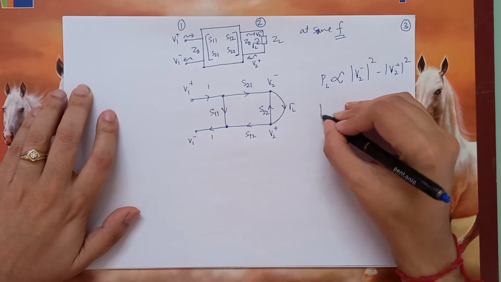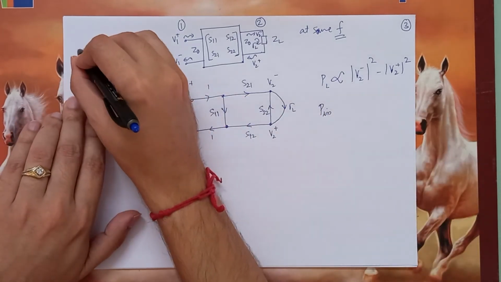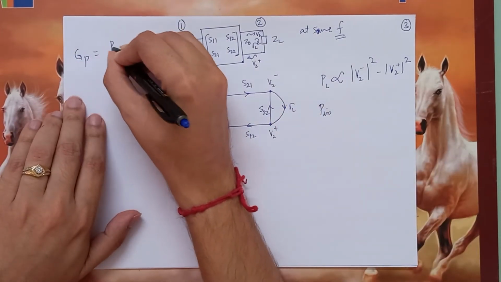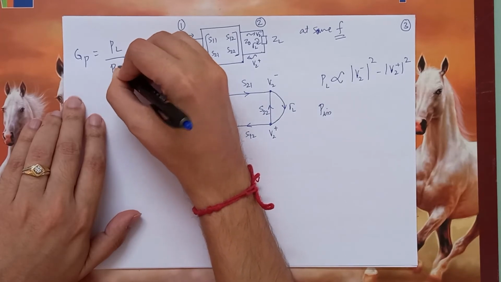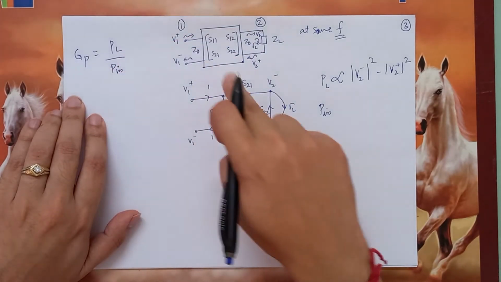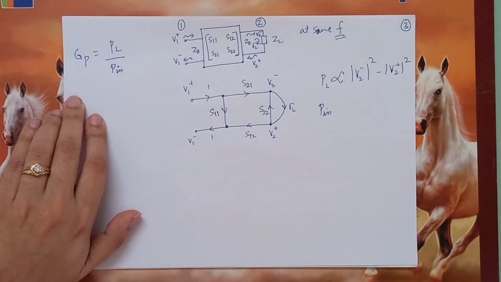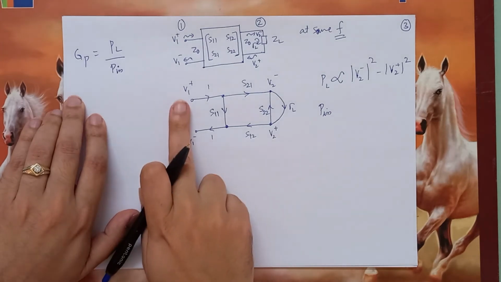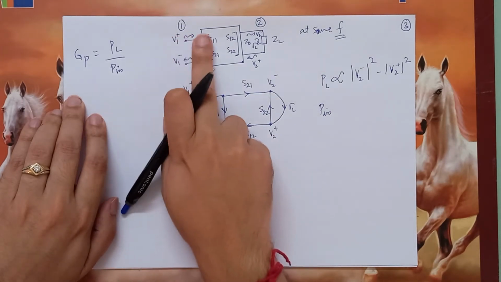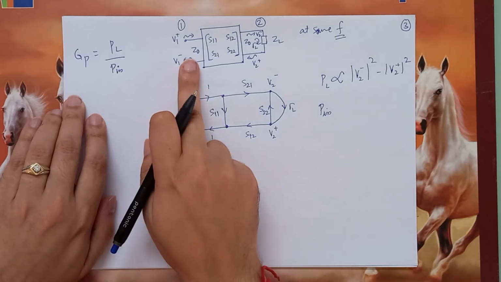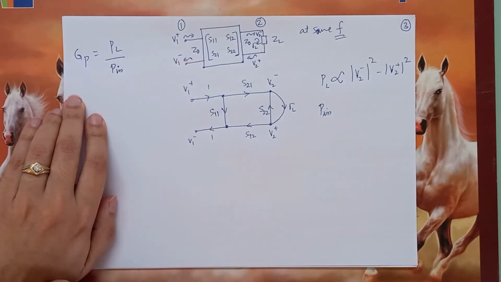Now what about Pin? Remember, we are trying to derive GP, which is nothing but PL divided by Pin, where Pin is the power that is entering the network. The power that is entering the network would definitely depend on V1 plus and V1 minus. The power carried by V1 plus minus the power carried by V1 minus is the power entering the network.